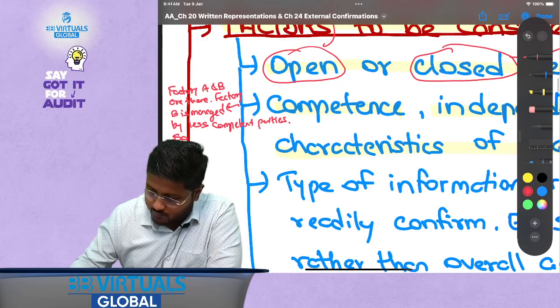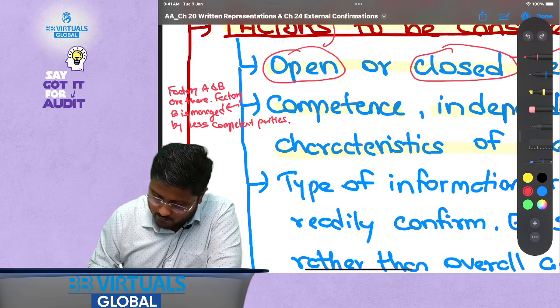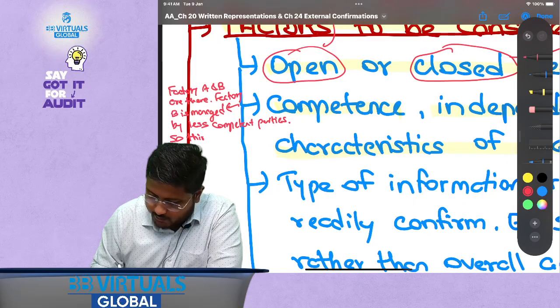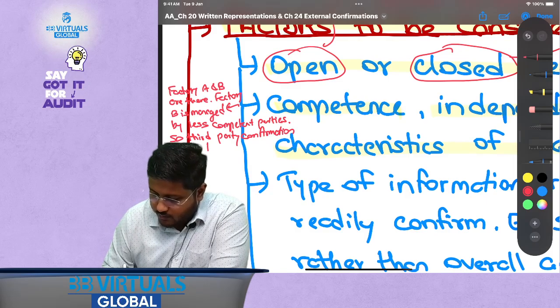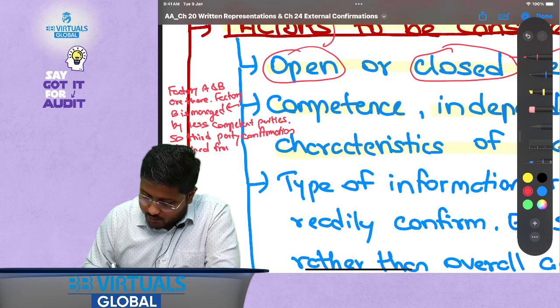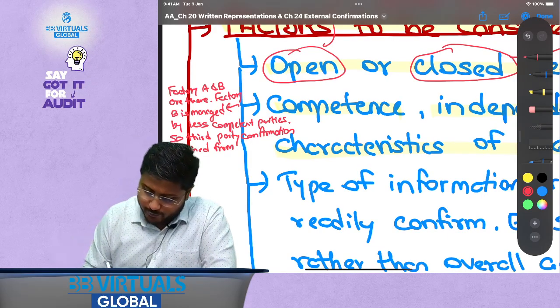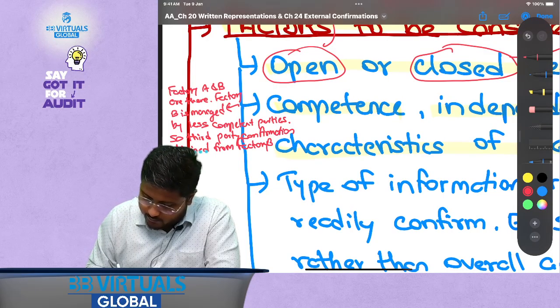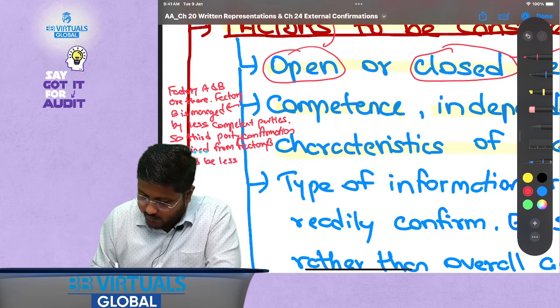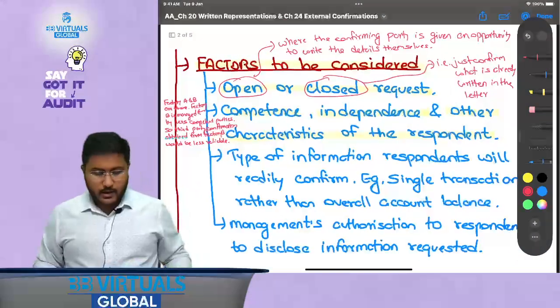So third party confirmation obtained from factory B would be less reliable. I hope this is clear.